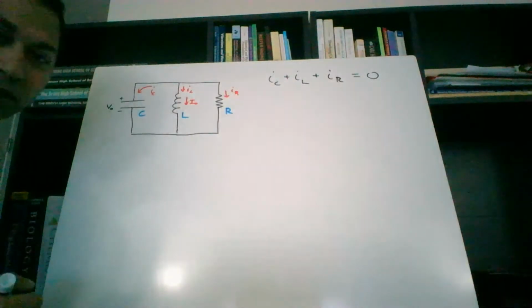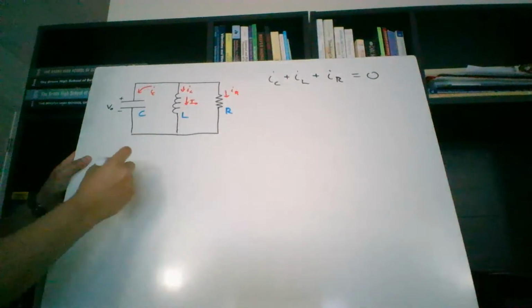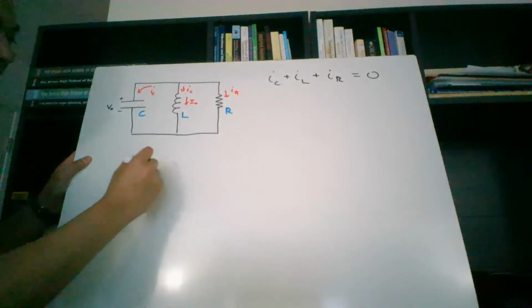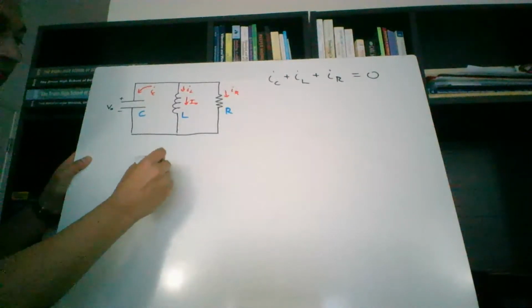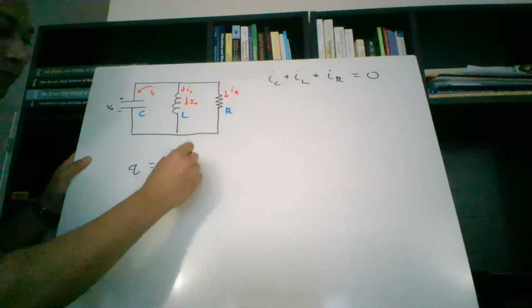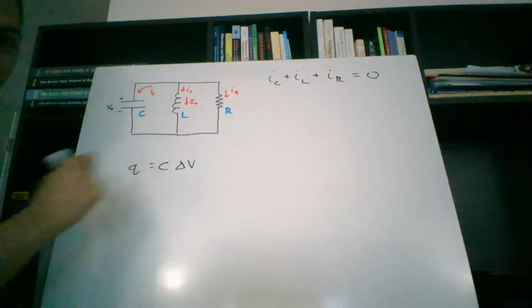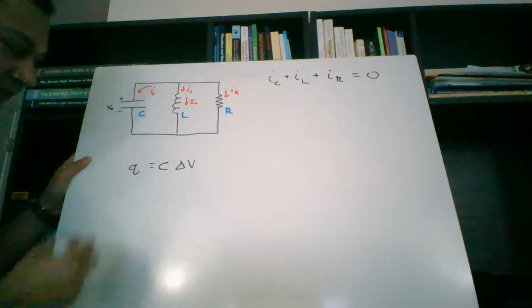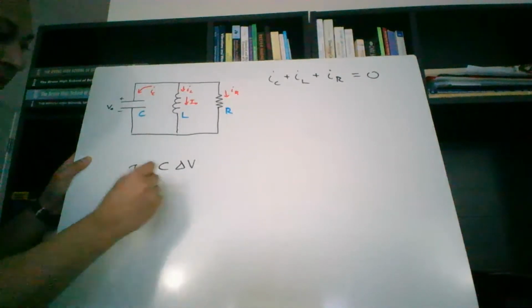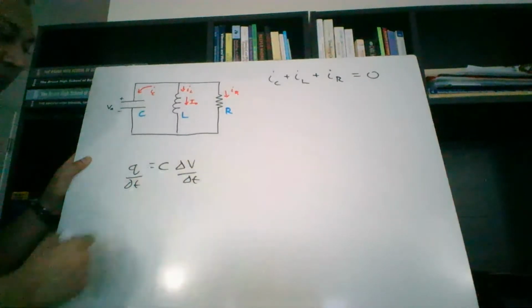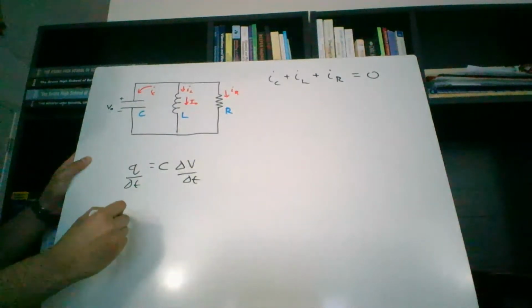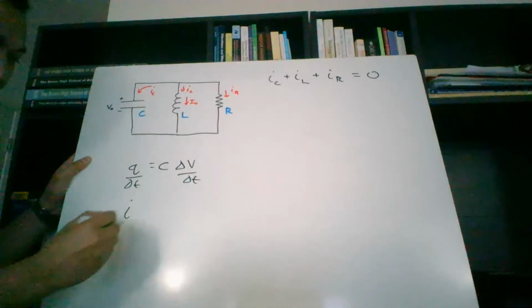So let's talk about the current through a capacitor. Well, for a capacitor, we know that Q is equal to C times delta V. If I want current from here, I would have to divide both sides by delta T. So we would have delta T here and delta T over here. And so what we end up with right here is current I, the current through the capacitor.